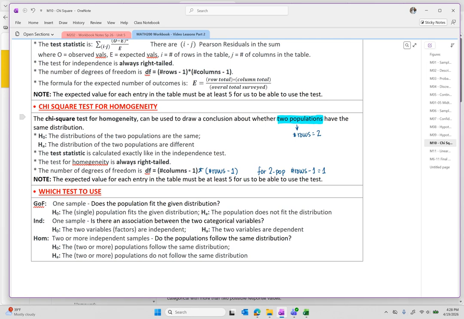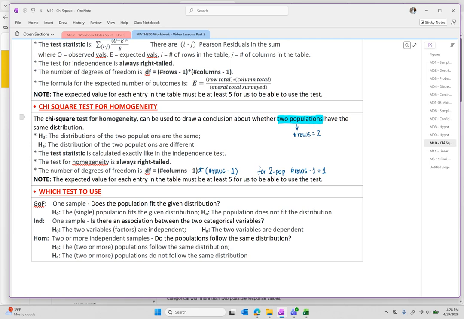We will use the goodness of fit when we have one sample and we want to know if the population fits the given distribution. Our null hypothesis will be that the single population fits the given distribution, and the alternative hypothesis would be that this single population does not fit the distribution.